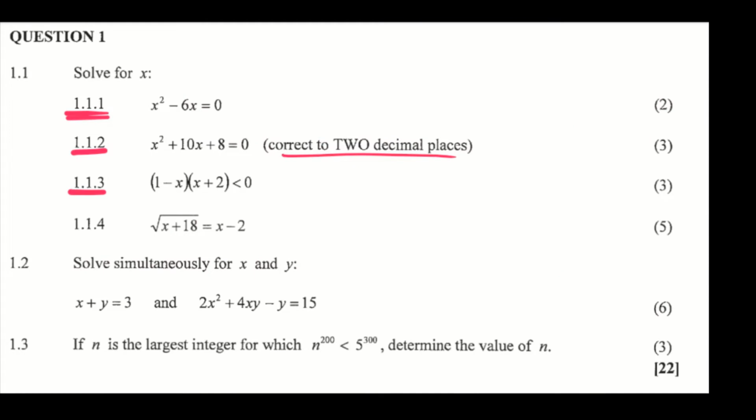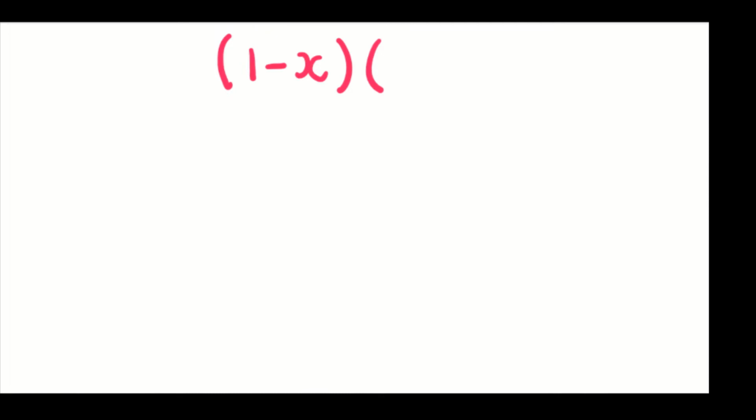Now we're going to do 1.1.3, solve for x with an inequality sign. We have (1 minus x)(x plus 2) less than 0, right?